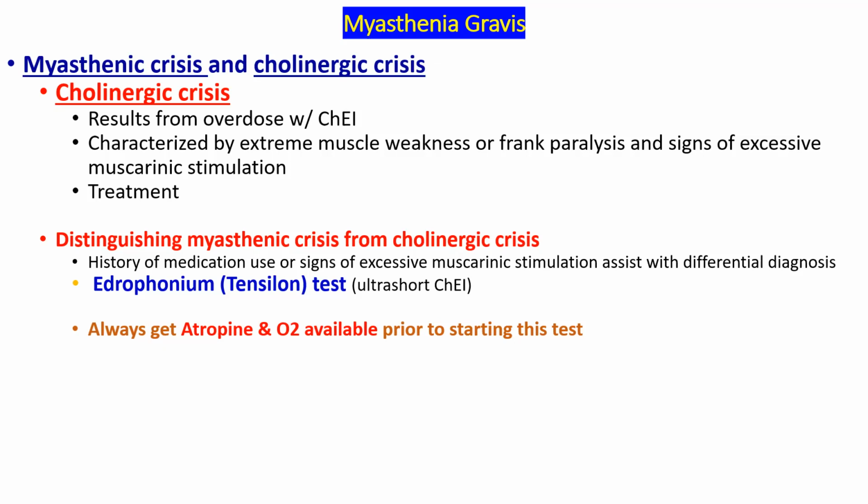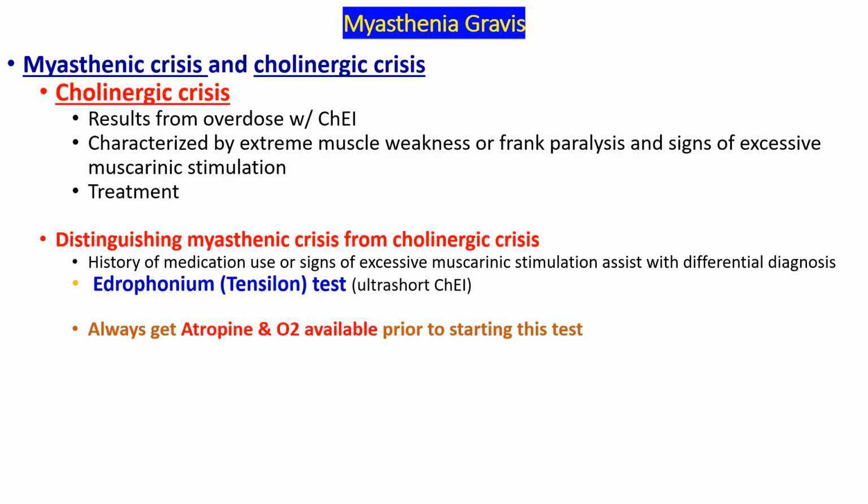So once we give the edrophonium or Tensilon, it can be used just for diagnostic purposes, to differentiate whether it's a myasthenic crisis versus a cholinergic crisis, because the symptoms are very similar. If the edrophonium alleviates the signs and symptoms from the increased acetylcholine, then that is the myasthenic crisis.